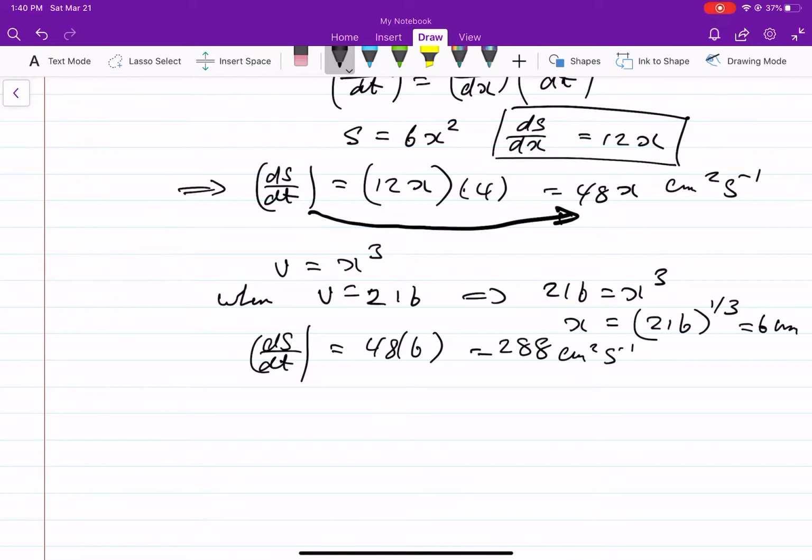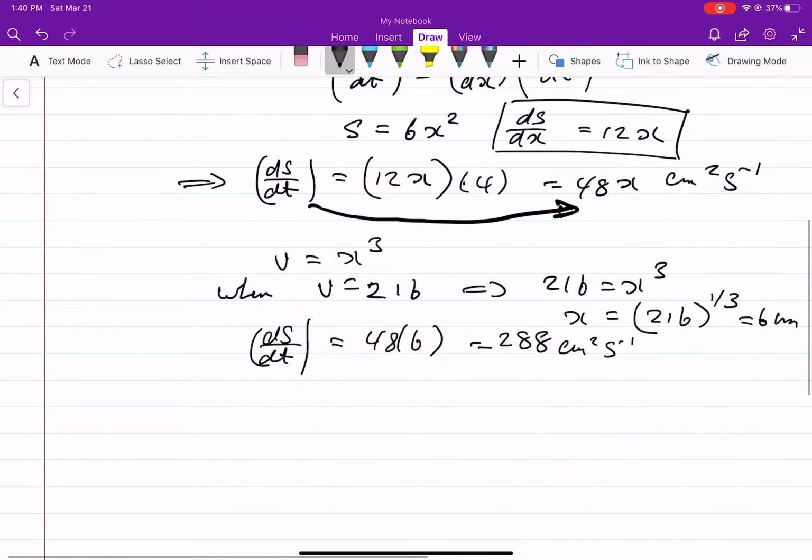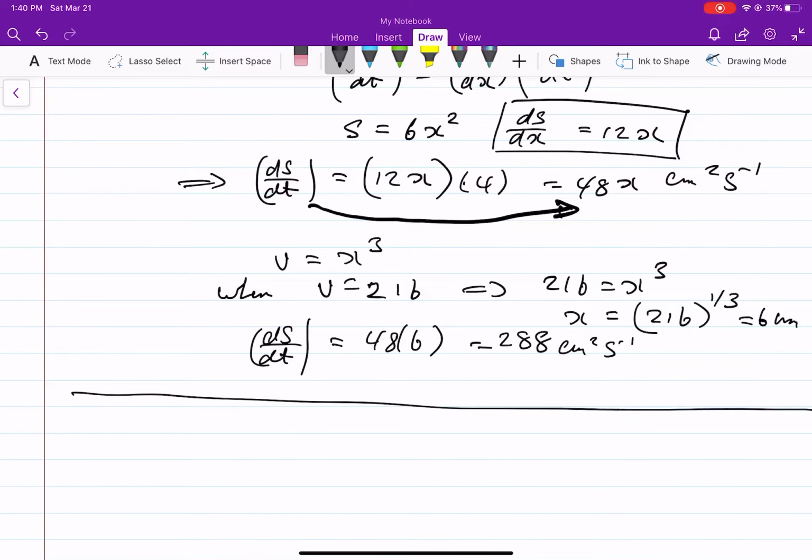That's a pretty straightforward problem that, as long as you can set up the appropriate chain rule, you'll be able to solve. Let's look at another example from within the exercise itself.